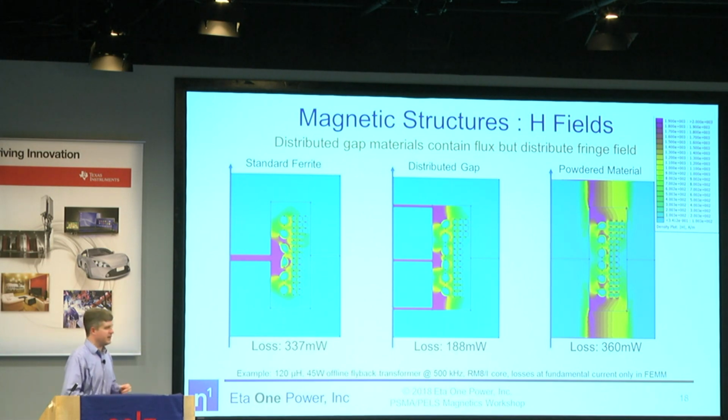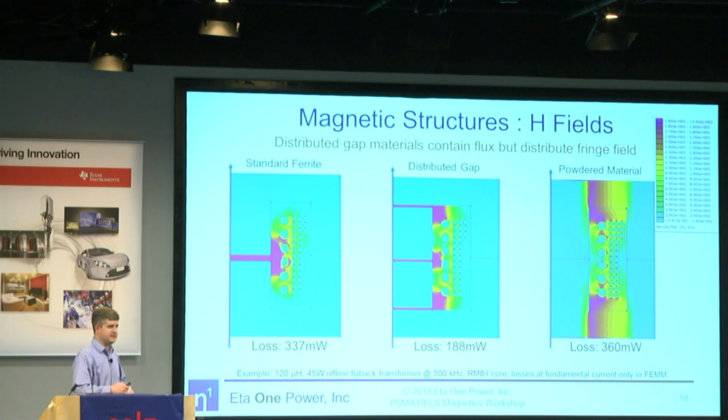So you might think, okay, well, maybe 3 gaps is better than 1 gap. What about an infinite number of gaps? So what happens if we use, say, a powdered iron or some hypothetical powdered material with a low mu such that the total magnetizing inductance is the same as what we had in both of these cases? Well, you can simulate that, and you get something like this, and this looks very different.